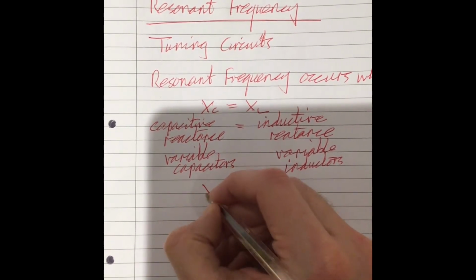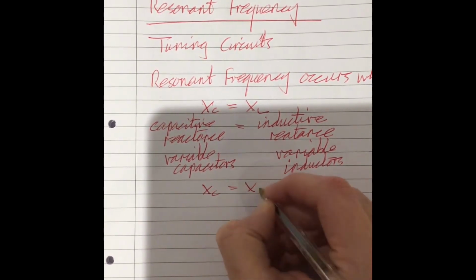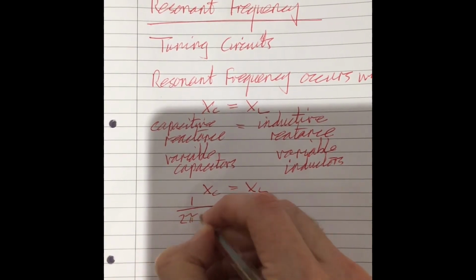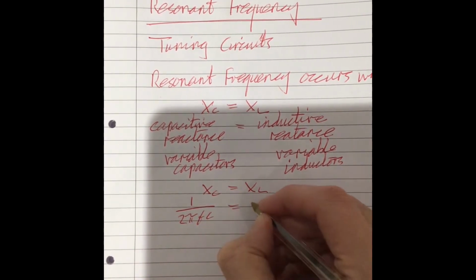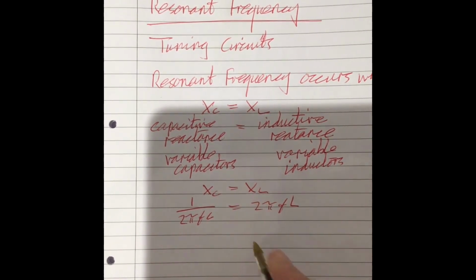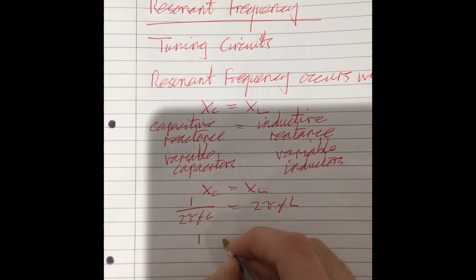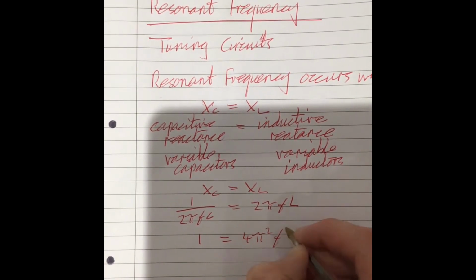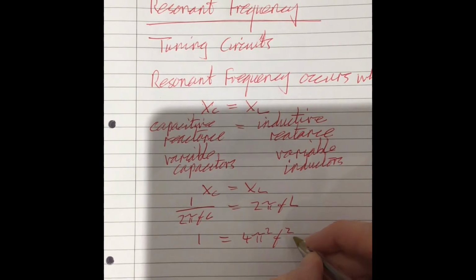Well, XC equals XL. So 1 over 2 pi FC equals 2 pi FL. See? So that means that 1 equals 4 pi squared F squared LC.